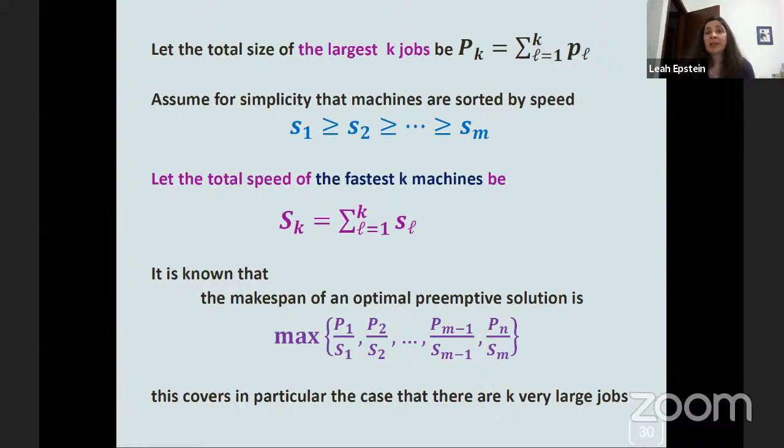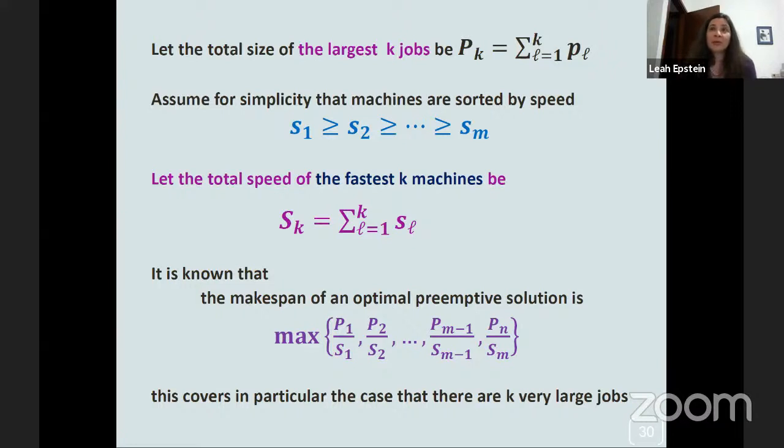And then there is a formula known for the Makespan. Only unfortunately, or maybe fortunately, here it consists of m different bounds and the maximum of those, and not just two, like for identical machines. If you try to plug in the speeds for identical machines, which are all ones, unit speed, you will just get the old formula.